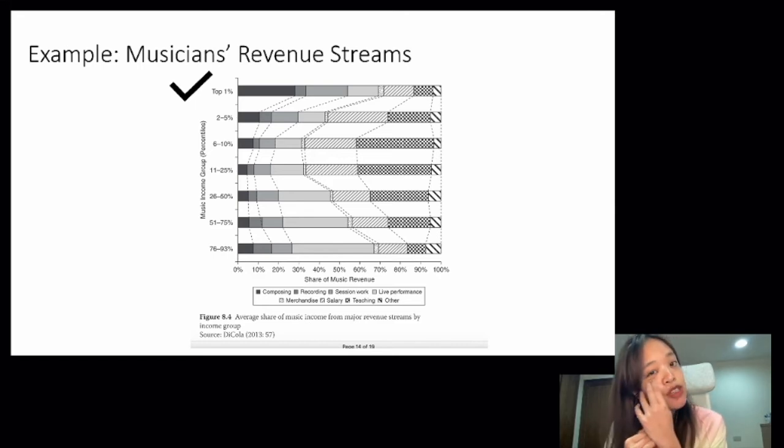Taking musicians as an example, we see that the top earning musicians have more revenue from composing than the rest. For the musicians who don't earn that much, session work seems to be a major source of income, at least compared to the rest of the sectors. This is just an example of how, when we talk about the financial reward of symbol creators or other creative workers, it is something to take into consideration.